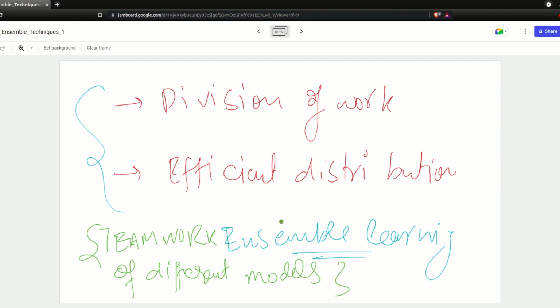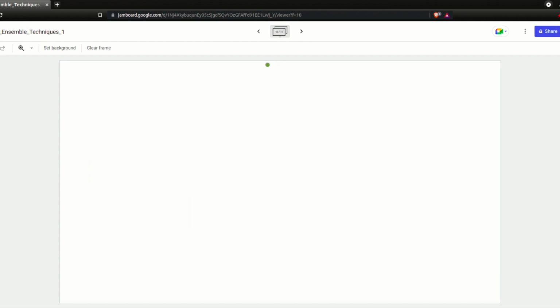Right. So since we have got the intuition of ensemble learning, now we can have a look at different ensemble learning methods. Ensemble learning can be broadly classified into two classes.